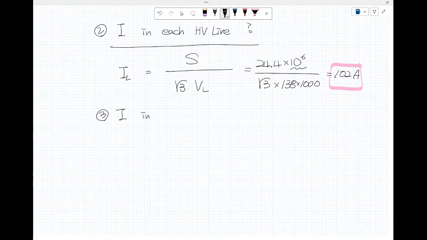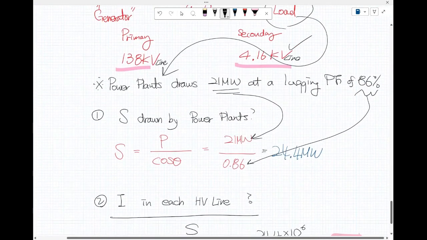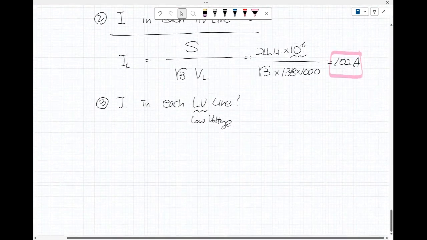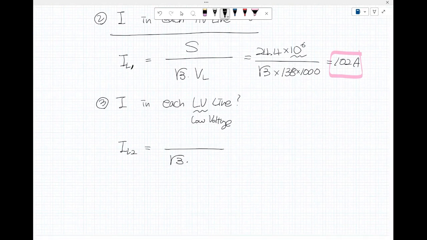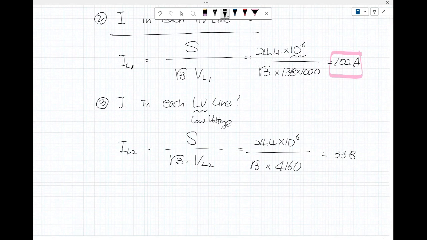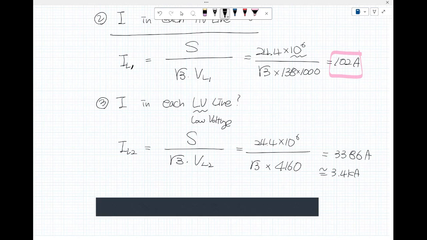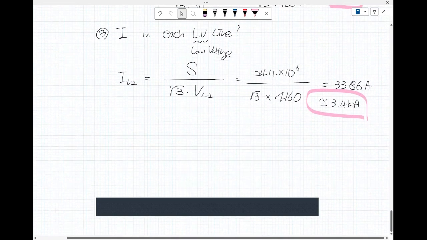That is the current in each low voltage line. Okay, low voltage. Here, the secondary side. I sub L equals S over 3 times the secondary line voltage, 24.4 times 10 to the 6, over 3 times 4160.